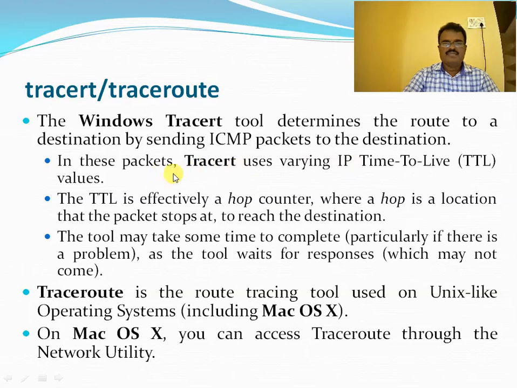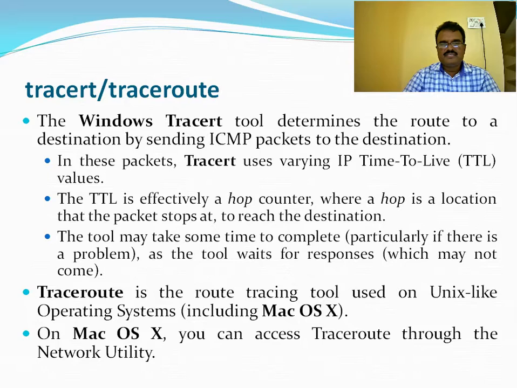In these packets, tracert uses varying IP time to live, TTL, values. The TTL is effectively a hop counter, where a hop is a location that the packet stops at to reach the destination. The tool may take some time to complete, particularly if there is a problem, as the tool waits for responses which may not come.